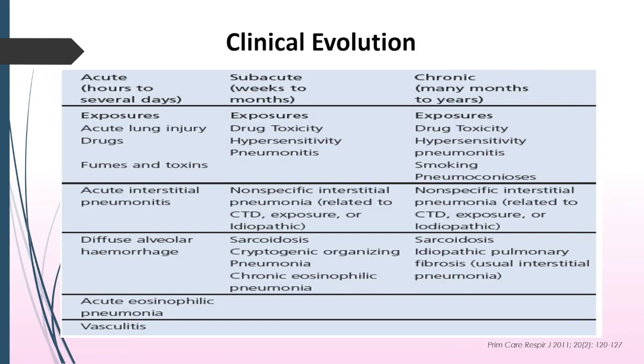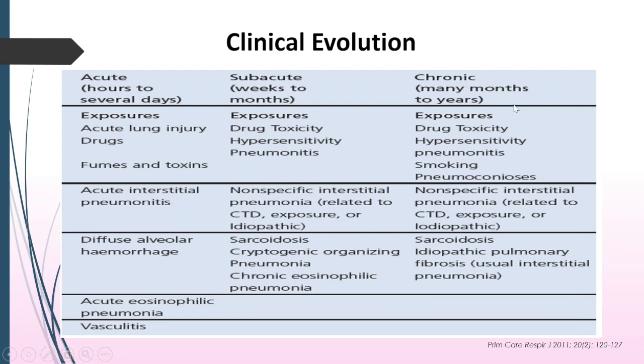How the disease evolves is important. There are certain diseases like those related to occupational exposures or to acute lung injury or to fumes or toxins, viral infections, which develop very, very fast. The classical example is acute interstitial pneumonitis, which presents just like ARDS. There are other diseases like subacute hypersensitivity pneumonitis, which takes a few weeks to evolve.